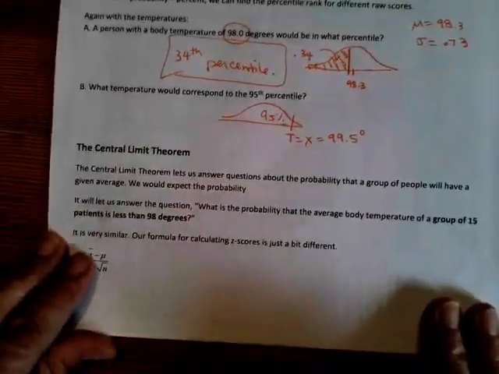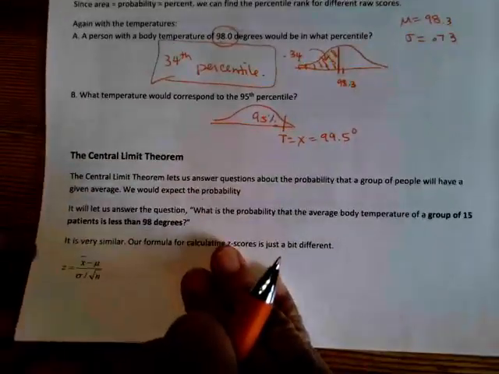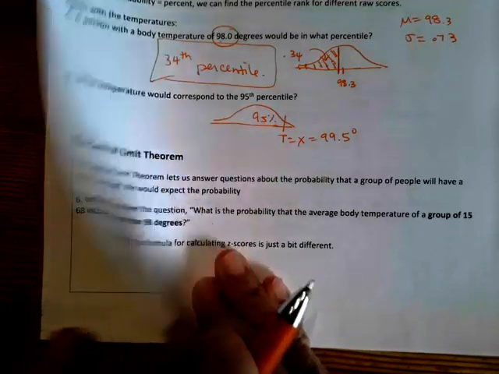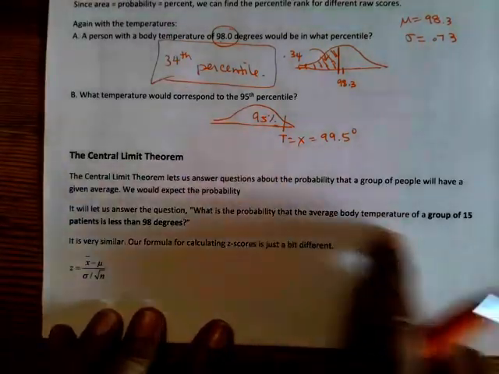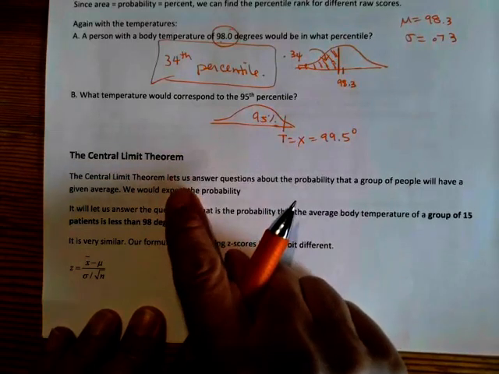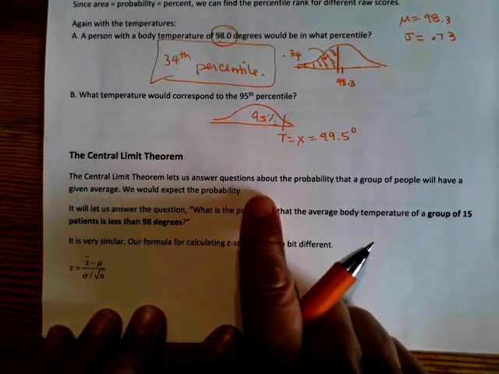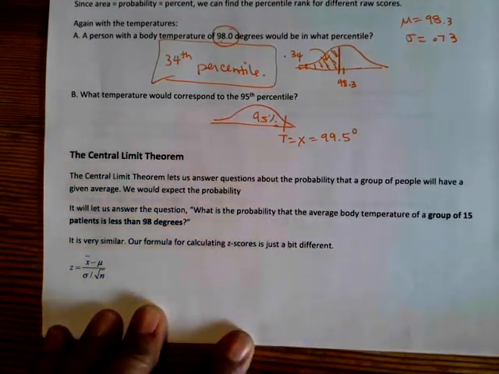Okay, last thing here before we practice, I think I've got some practice, is Central Limit Theorem. So the Central Limit Theorem lets us answer questions about the probability that a group of people will have a certain average.